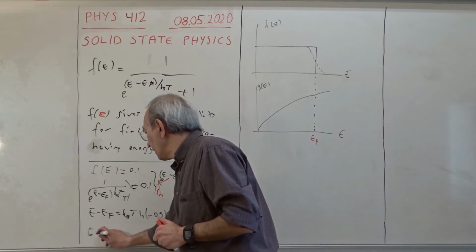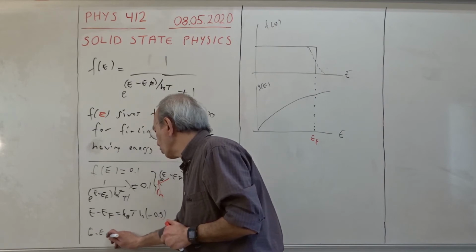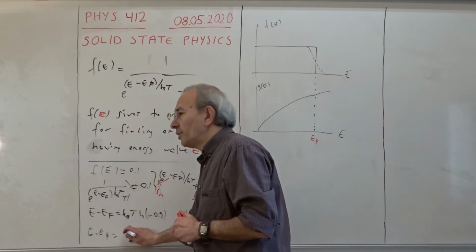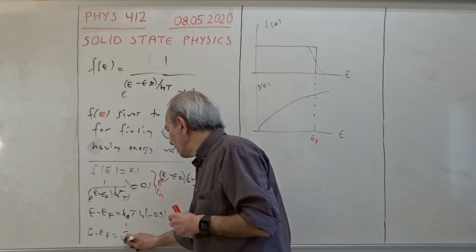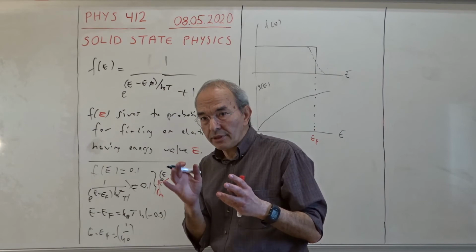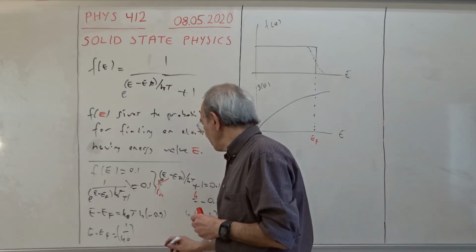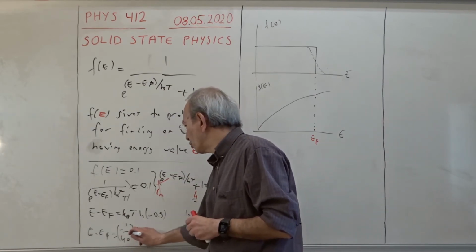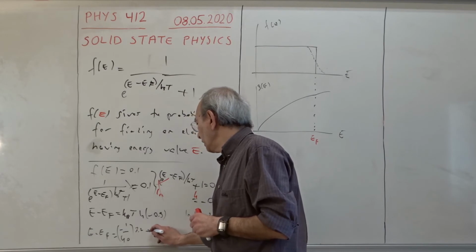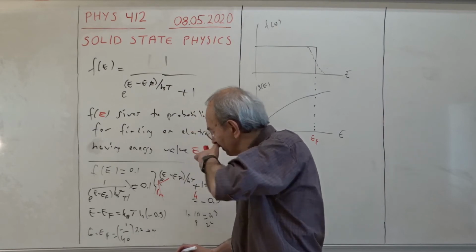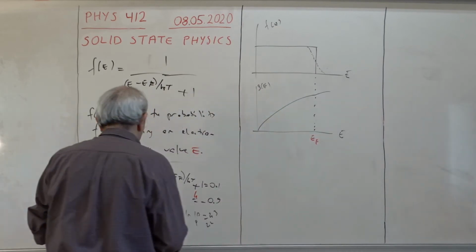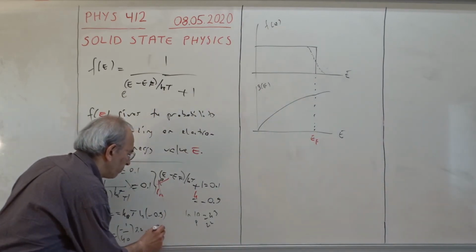So E minus E_F is equal to k_B T, which, remember, is 1 over 40, because we are now at room temperature, 1 over 40 times minus 2.2. So this is approximately minus 0.01.